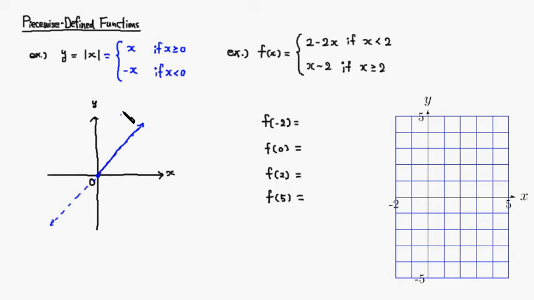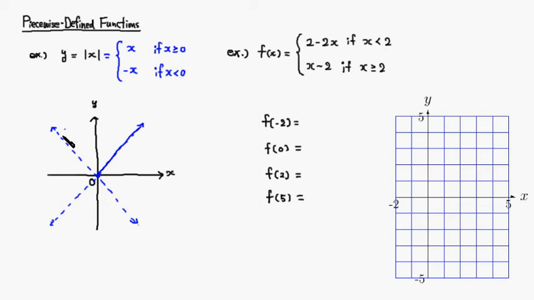For the second piece, y equals negative x, so the slope is -1 and the y-intercept is 0. It's going to be a straight line through the origin with slope -1, so it looks kind of like this. We can keep this graph if x is less than 0.